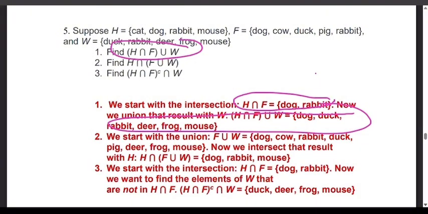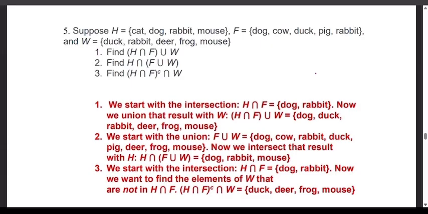Now, if I want to solve the second question, let me take a look at it. I'm going to do the same. Don't forget, you do it one at a time.